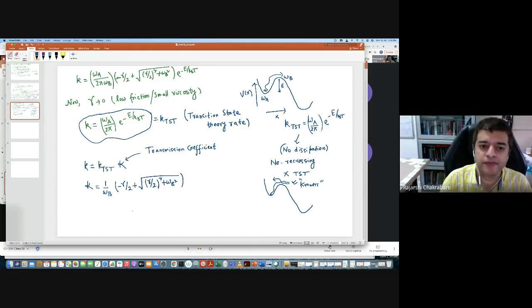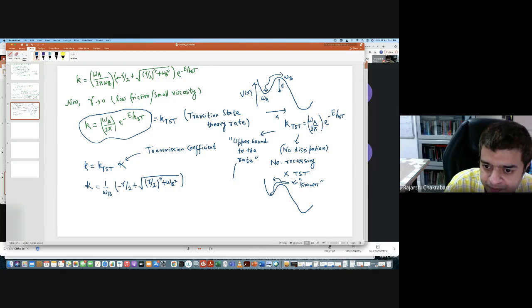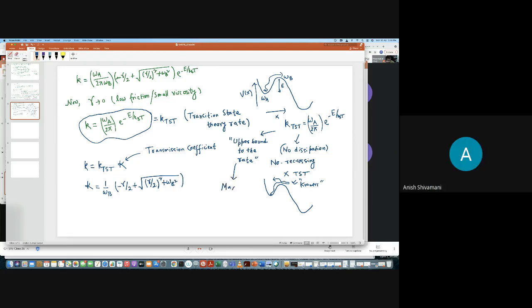Okay. So now it is also obvious the transition state result gives you an upper bound to the rate. Is it clear to all of you? Upper bound means the maximum possible rate. Why?